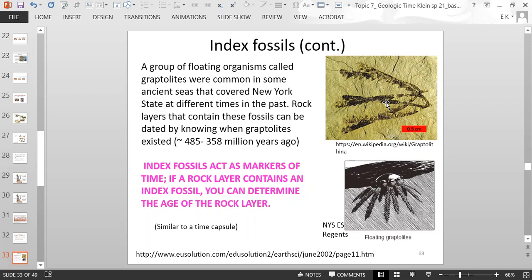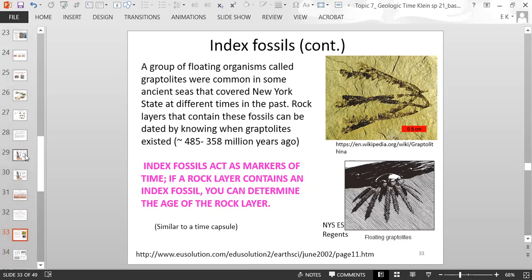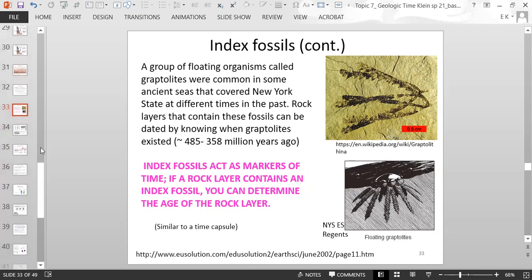Okay, so you could put like toys that are popular, music that's popular, things like that, into a time capsule. Okay, so they mark time periods.